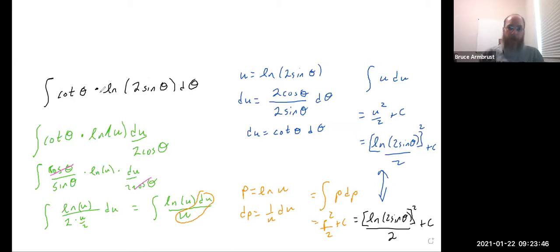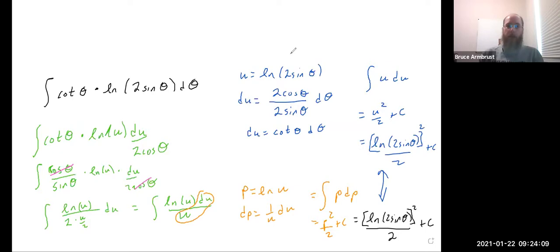It just turned out that if we include the natural log, it was a little bit quicker. All right, so how do we feel about 8? It's a little bit tricky for sure, but definitely doable.